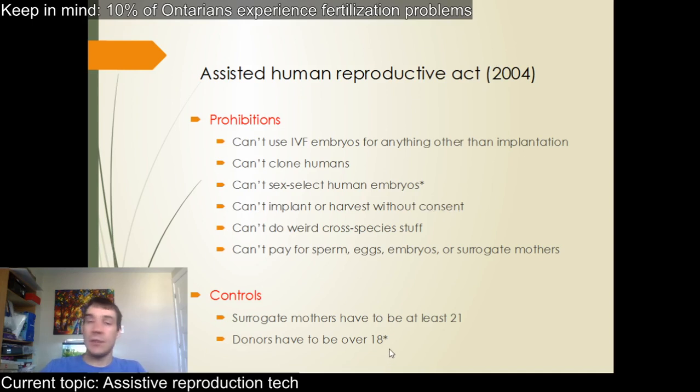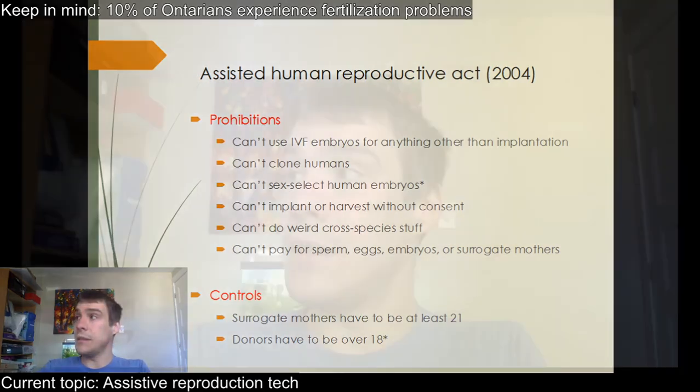There is an asterisk there too, and that's if the person that's under 18 is going to be going through some kind of treatment like chemotherapy or something like that, and they want to save their sperm and egg for their own personal use later. So if you're under 18 and you're producing sperm and eggs and you have some kind of medical condition that might impact that, you can actually save those and then use them to get pregnant later, I guess. So those are our kind of laws about this stuff.